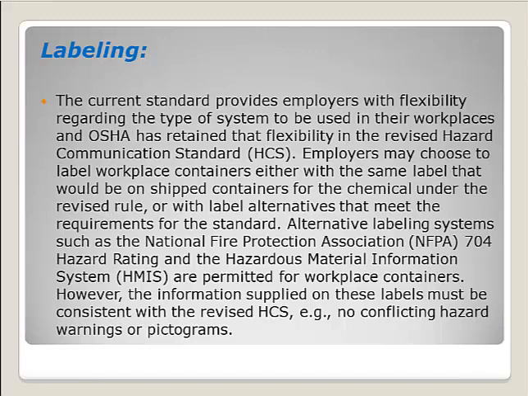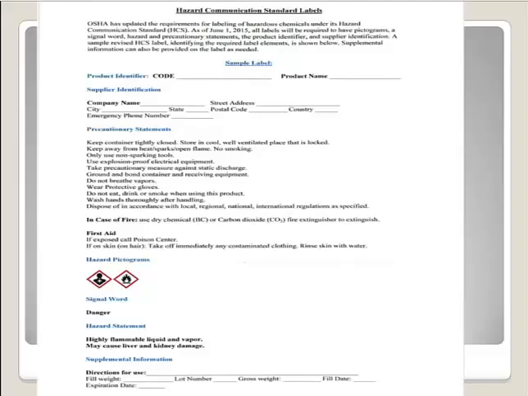So sometimes you may have seen utilized or are currently using the NFPA 704 hazard rating for labeling, which would be fine. You can certainly still use that. However, the information supplied on these labels must be consistent with the revised HCS. So you cannot have any conflicting hazard warnings or pictograms. They have to be consistent with what the standard states.